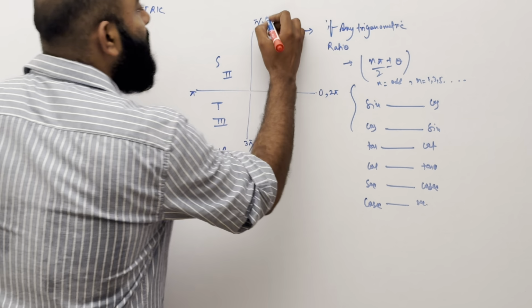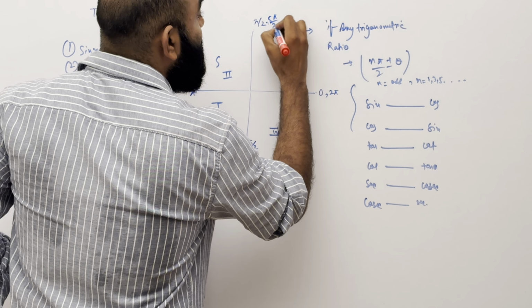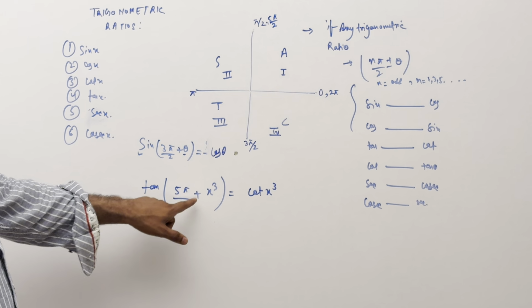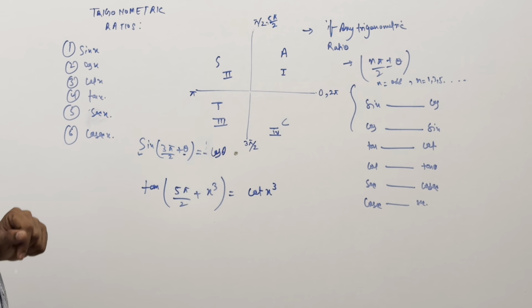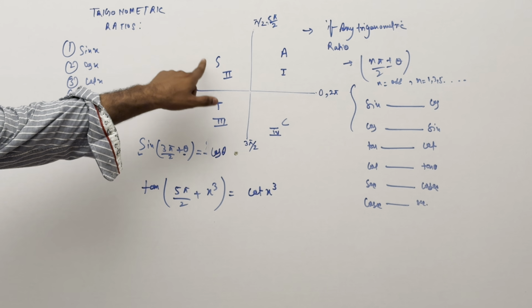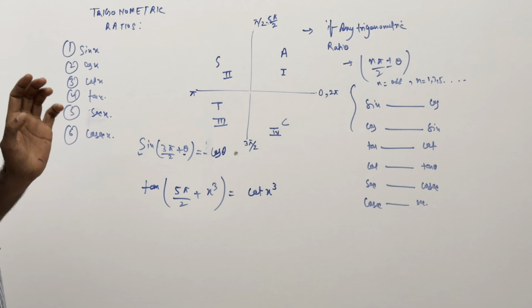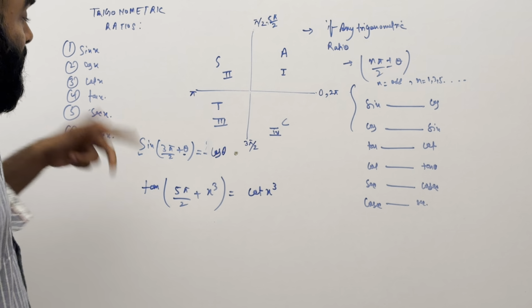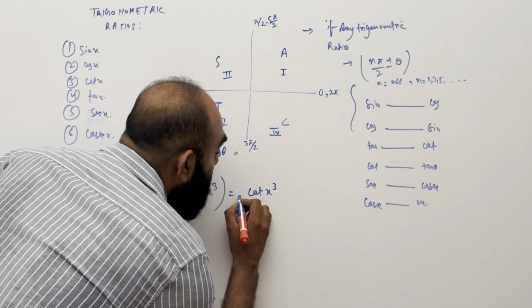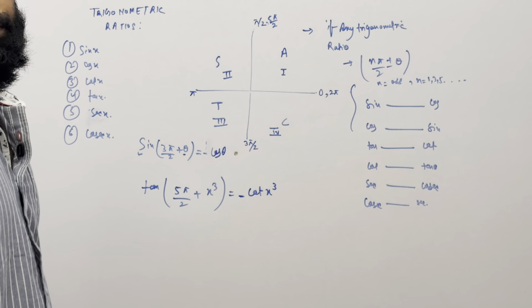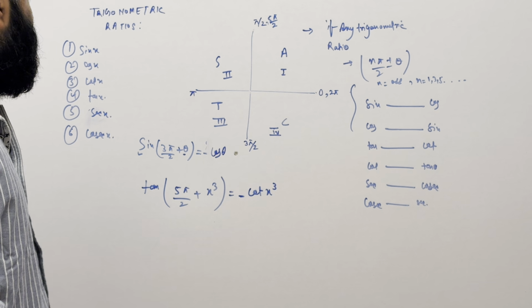Clear? Here it is 5 pi by 2 plus theta, so we are talking about the second quadrant. In the second quadrant only sine theta and cosec theta are positive, rest are negative. So tan is negative. So here it will come minus cot x cube. Clear?